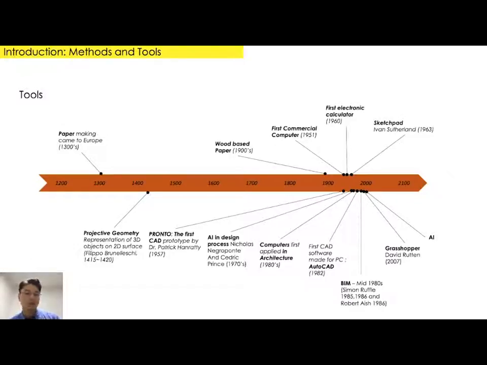The first computer-aided drafting methodology came with the invention of Pronto. Pronto is the first commercial numerical control programming system, also known as a CAD programming prototype. It was developed in 1957.